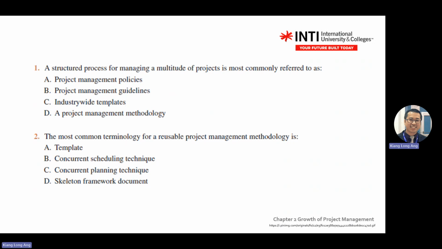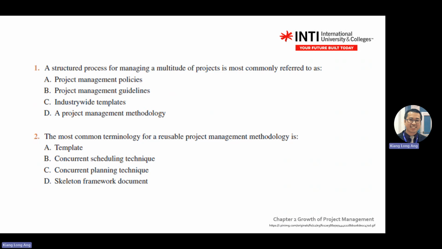Question 1: a structured process for managing multiple projects is most commonly referred to as what? What do you think? Okay, so you try to guess which one.